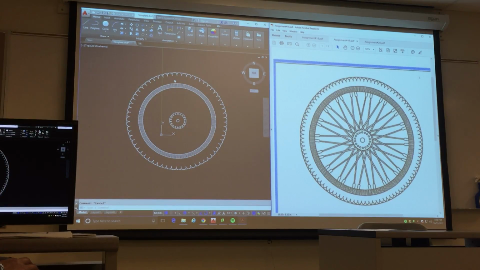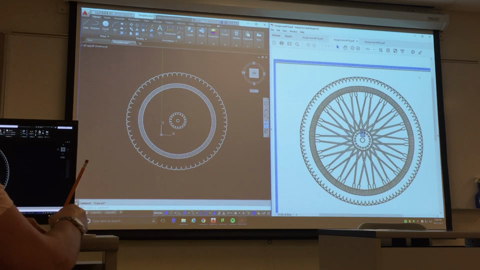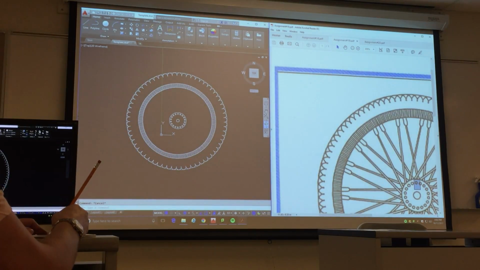There are a couple of constraints that we need to live by, and I want to point those out here. But you also have to keep in mind that as you're drawing this, there's a little bit of creative freedom involved. So the spokes, if you center in on this one, and I'm going to zoom in on it a little bit so you can see.